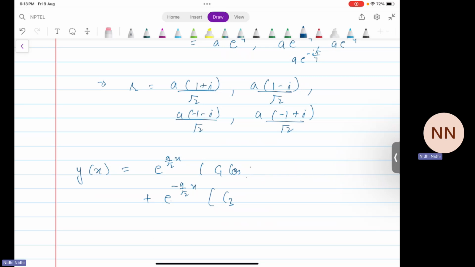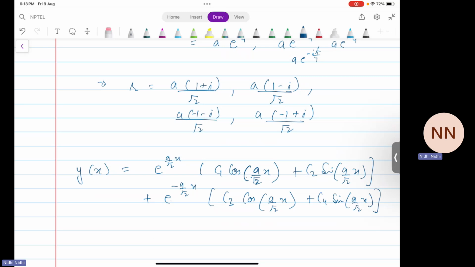Inside cos we should have the imaginary part, and the imaginary part is a by root 2 times x.